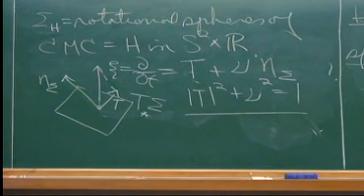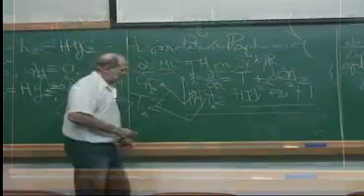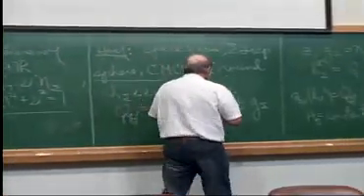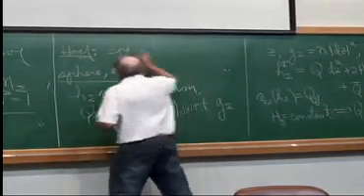Now, when you look at the rotational spheres, it's easy to see that the principal curvatures are in the vertical plane and the horizontal plane.